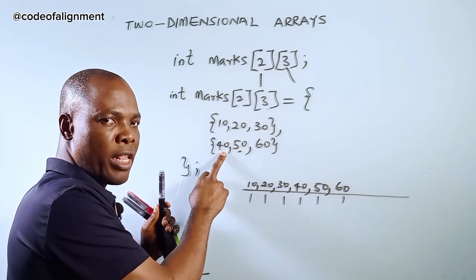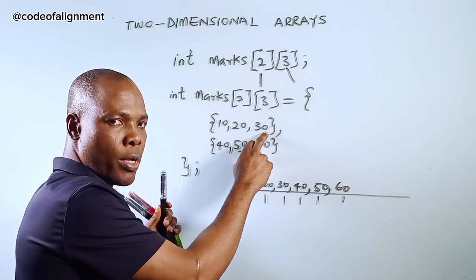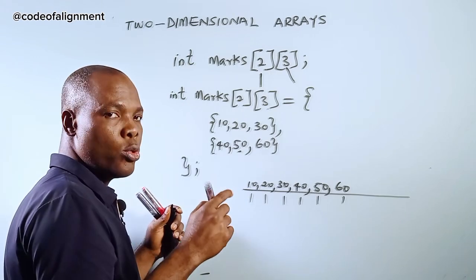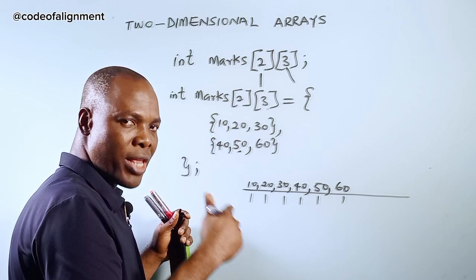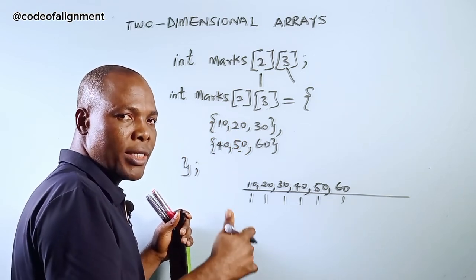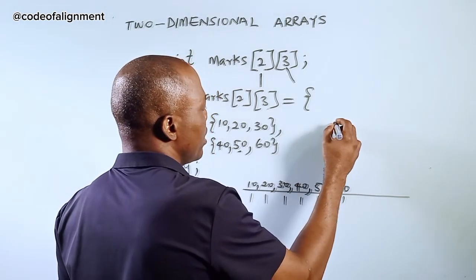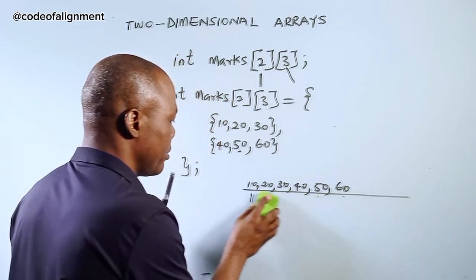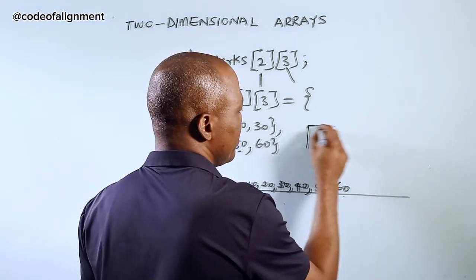So I'm going to skip 4 elements before getting to 50. So I am skipping a complete row, right? So the formula which the compiler will use to convert the index to the memory address in order for you to locate the element of an array is what? First, let's have something like this. Let's say I have this.